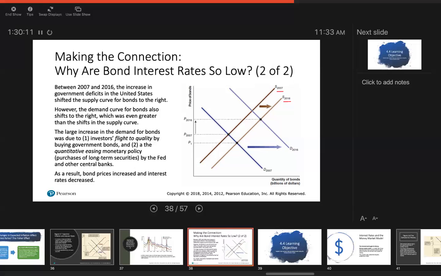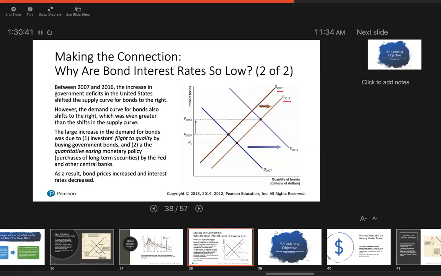Okay, so the simple bond market model, where all we are analyzing is the supply and demand dynamics inside this bond market, is enough for us to explain something very complicated that's happening in the economy. Okay, in the aftermath of the crisis, investors were fleeing to safety. So there's a big upsurge in demand for government bonds, for US-issued government bonds. That's what we see in the rightward shift in the demand curve here.